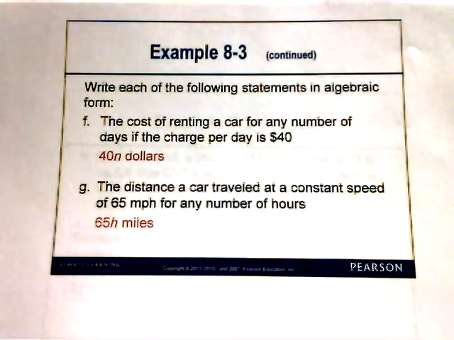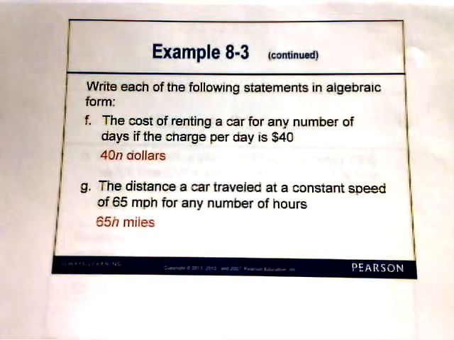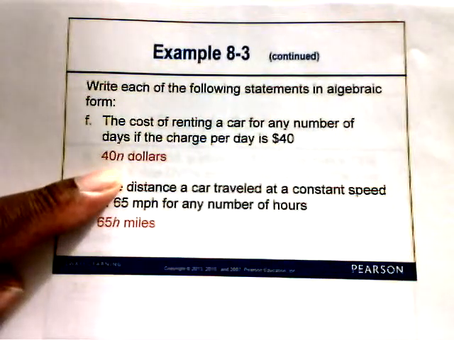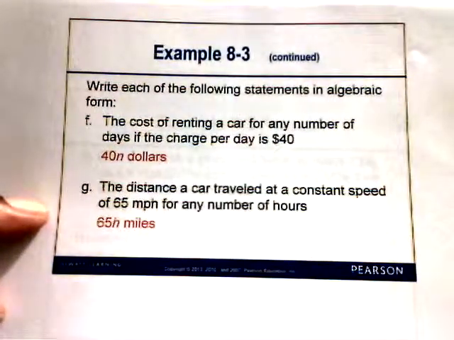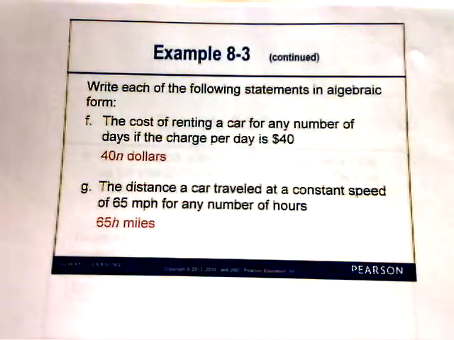And there are more, like this one. Part F, the cost of renting a car for any number of days if the charge per day is $40. If we let n be the number of days that we rent a car, then the cost of renting a car would be 40 times n, because we're charged $40 per day, so 40 times n would represent the cost of renting that car.